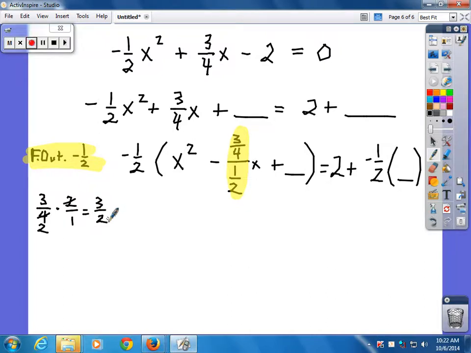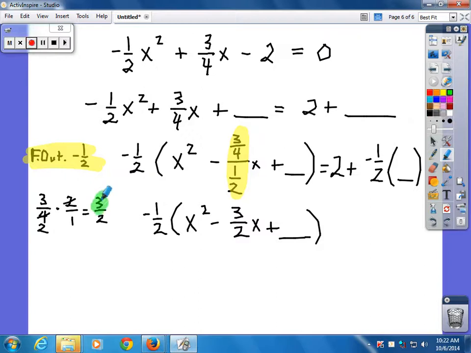So your new equation is -1/2 times x squared minus 3/2 x plus blank equals 2 plus -1/2 times blank.